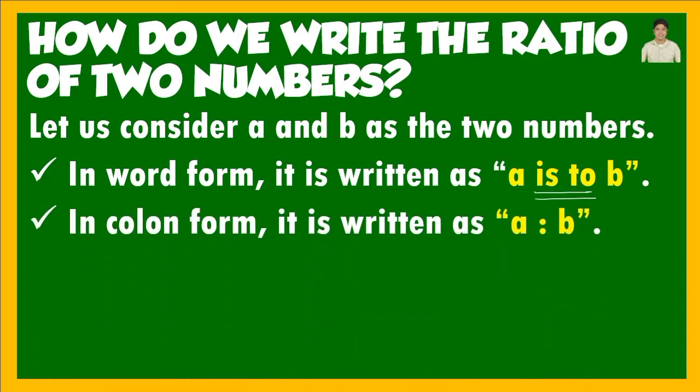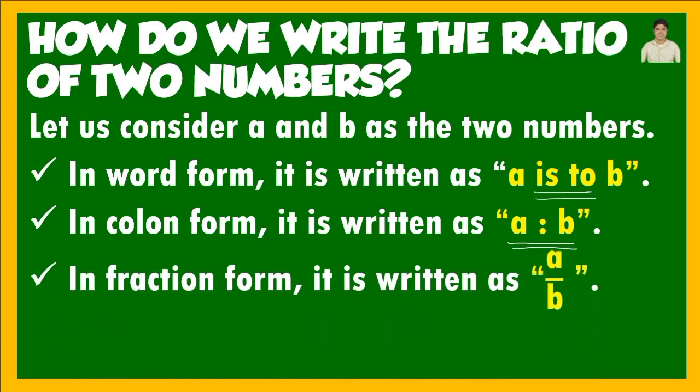In colon form, it is written as A colon B, as we said earlier. Usually when it is a ratio, we see the colon. And then, in fraction form, it is written as A over B. Remember, whatever was mentioned first in the problem will be the numerator, and the last one will be the denominator when we express the ratio in fraction form.